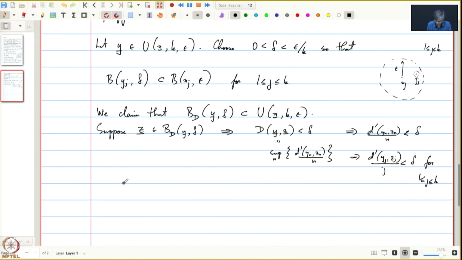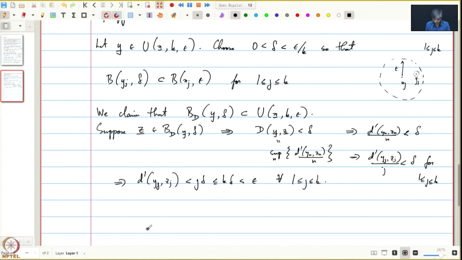So this implies that d prime yj zj is strictly less than j times delta, which is less than or equal to k times delta, which is strictly less than epsilon for all j lying between 1 and k.